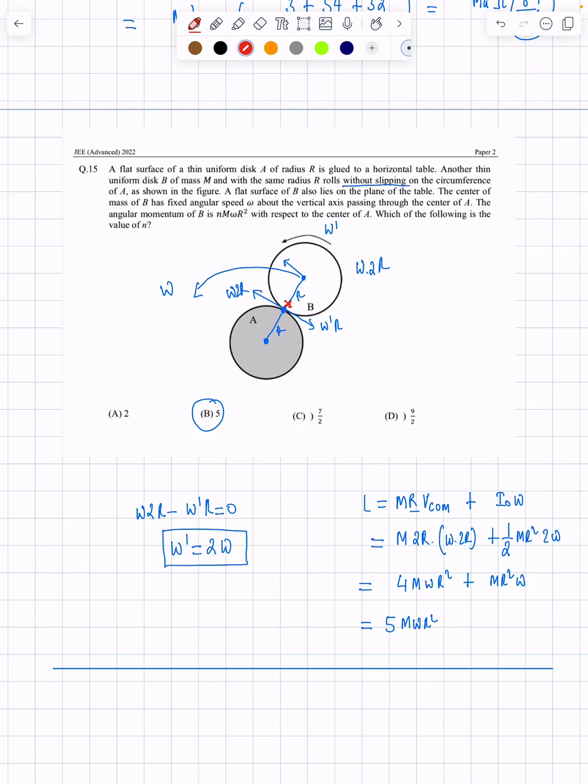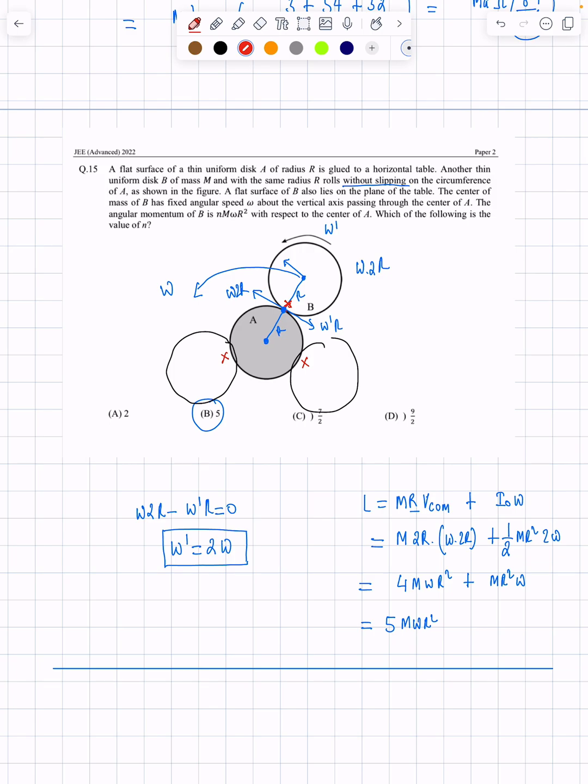So for example, when the disk B is here, the red point is here, and similarly when it is here, the red point stays the same with respect to point A.